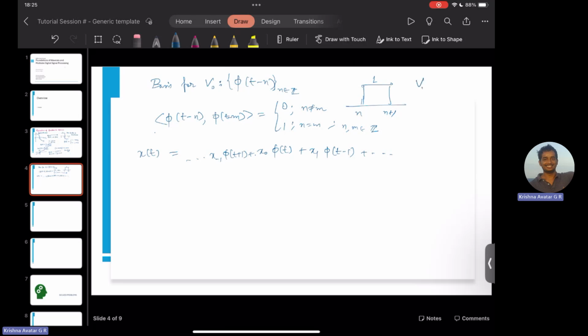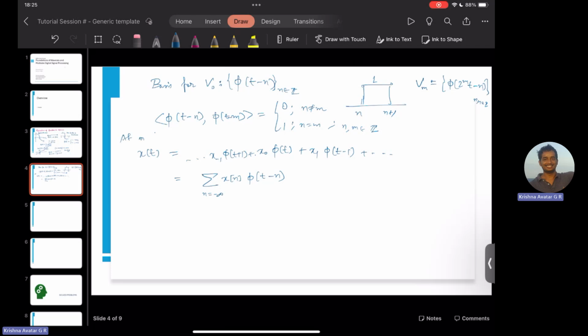So we can go deeper. As we clearly know, we have a general family of such spaces which are denoted by Vm, such that you have phi of 2 to the power m t minus n, right? So this is the family, where m is an integer and n is also an integer. So this denotes some piecewise continuous function, which we can write as the sum of x of n phi of t minus n, n equal to minus infinity to plus infinity.